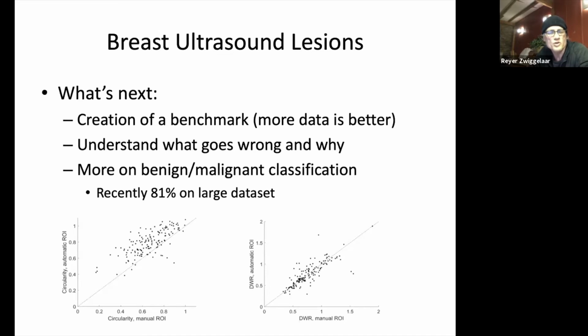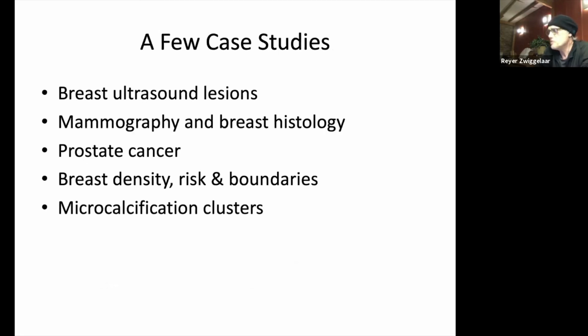So that is a step in the right direction, and it saves end users a lot of time because they don't have to annotate things anymore. They can rely on the detection of the CAD system. So that is what we've done for breast ultrasound lesions.